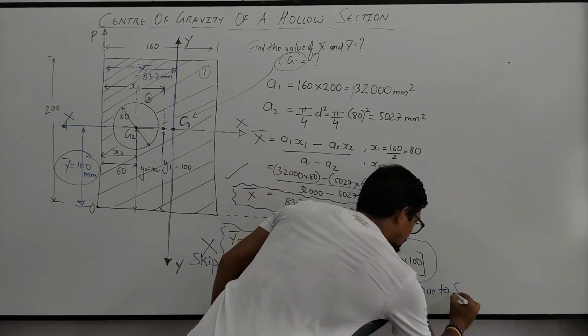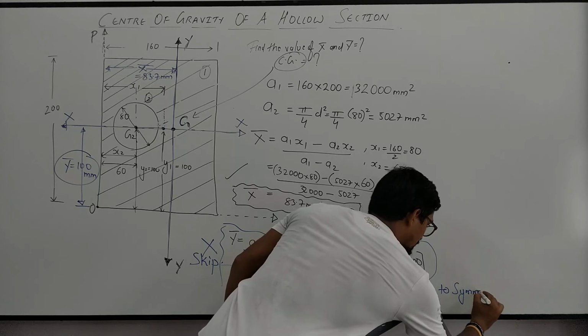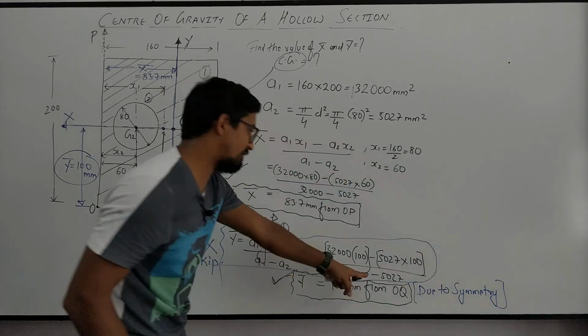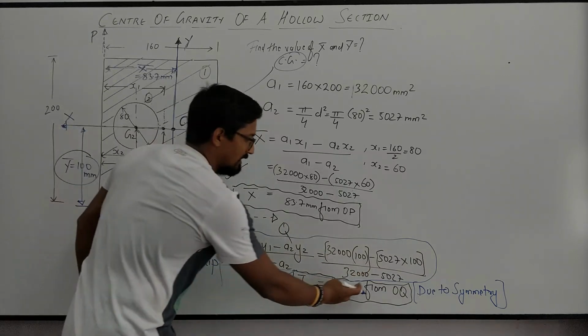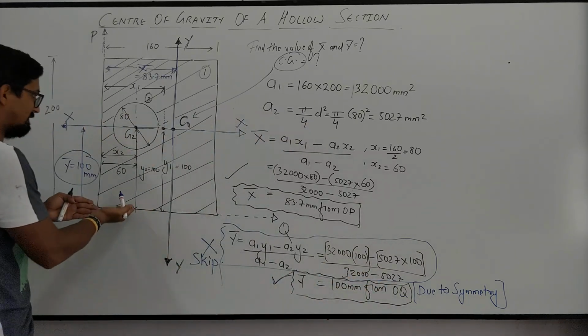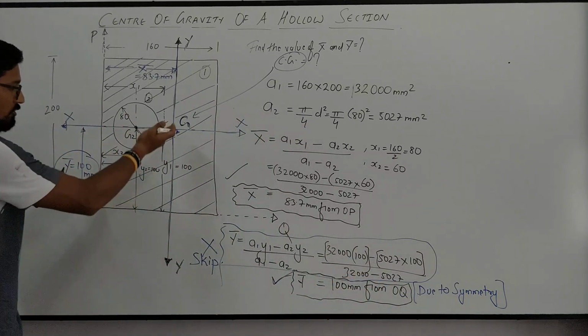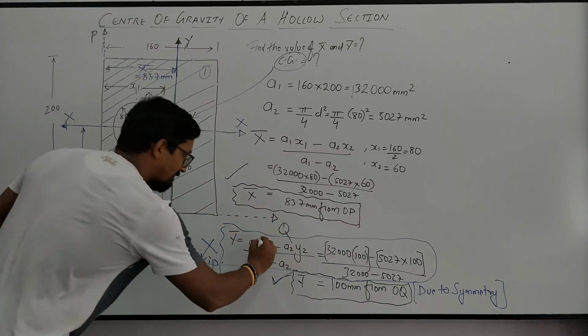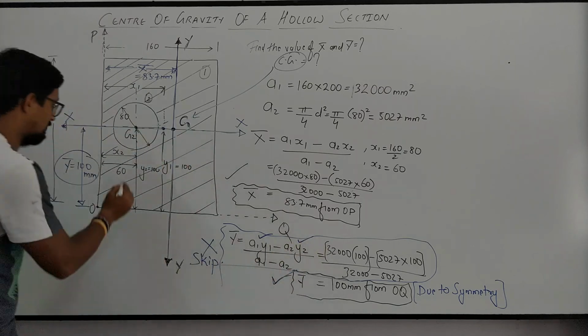due to symmetry. So we have to write the reason: Y bar is equal to 100 mm from OQ due to symmetry, correct? Because our Y1 and Y2 values were the same.